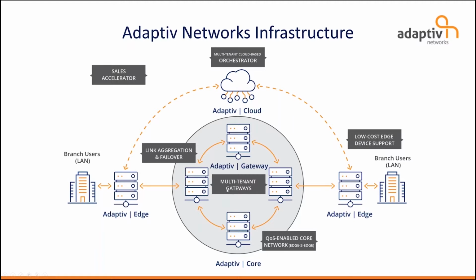Now, the gateways are fully multi-tenant, and so is the orchestrator. Multi-tenancy matters in a network as a service where we sell through partners, and that's the only go-to-market for Adaptiv Networks. We never sell directly to the end customer. It's very important for our partners to be able to offer an SD-WAN as a service solution without having to deploy an orchestrator or their own gateways, which would be the model we described before, where you're building a network.